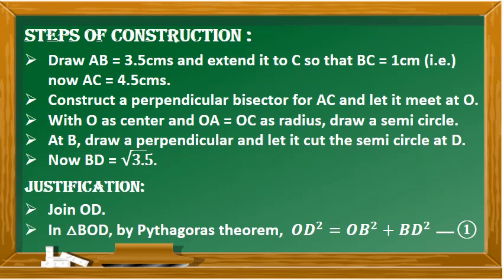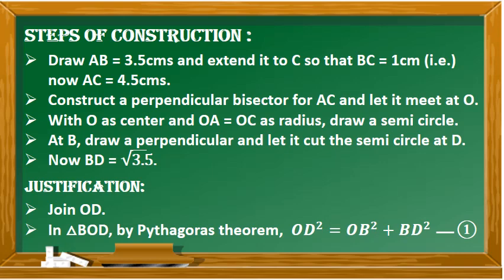Steps of construction. First step is, draw AB equal to 3.5 centimeters and extend it to C so that BC is equal to 1 centimeter, that is AC is equal to 3.5 centimeters plus 1 centimeter gives you 4.5 centimeters. These are the steps we have done in the construction.